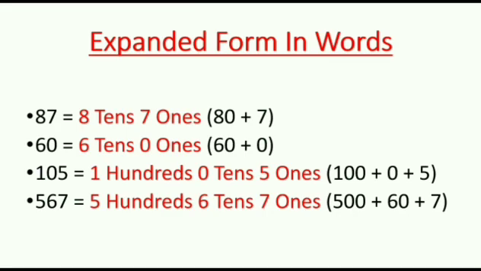So we can write this in words as 5 hundreds, 6 tens, because in 60 we have 6 tens, plus 7. So how is this 6 tens coming in 60? If you add 10 six times, you will get 60. So for this we can say we have 6 tens in 60.